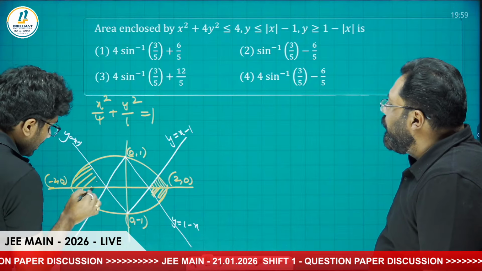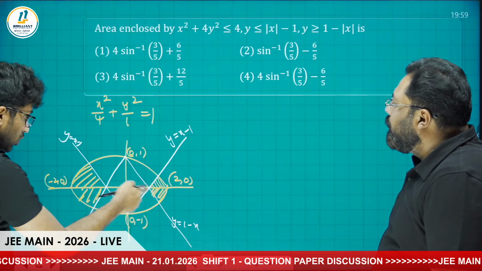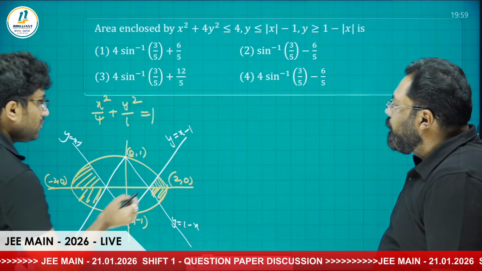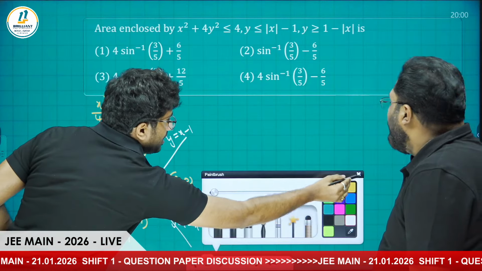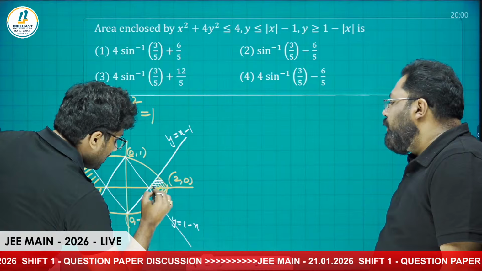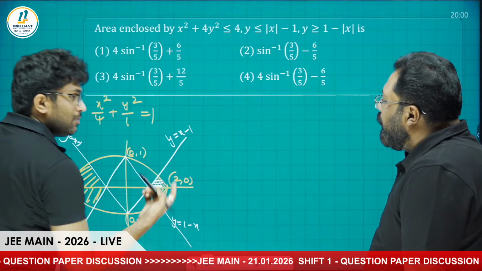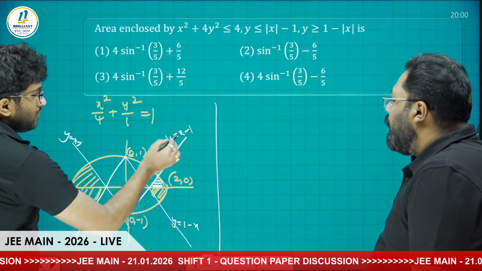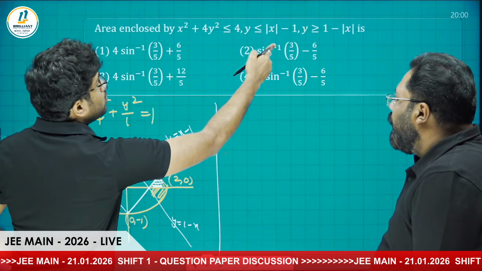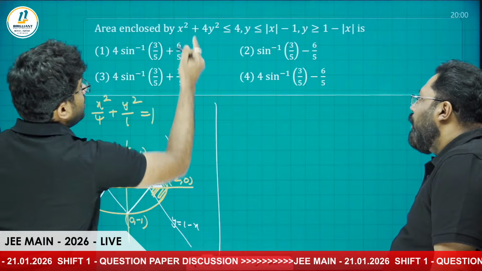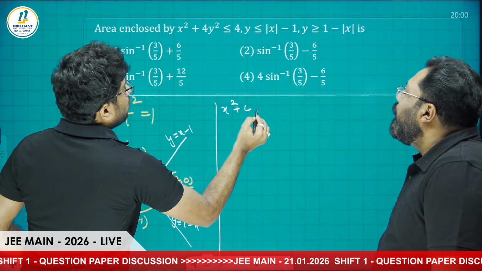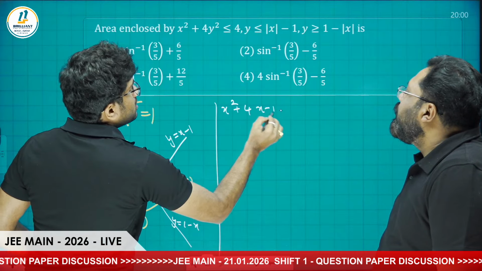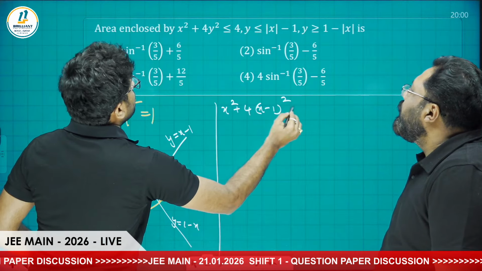And these 4 parts are symmetrical. So even if we can find one particular part, it is fine. So one particular part multiplied by 4 will give you the result. For that you should know this point of contact. For that let's solve, put y is equal to x minus 1 here. X square plus 4 into (x minus 1) the whole square is equal to 4.